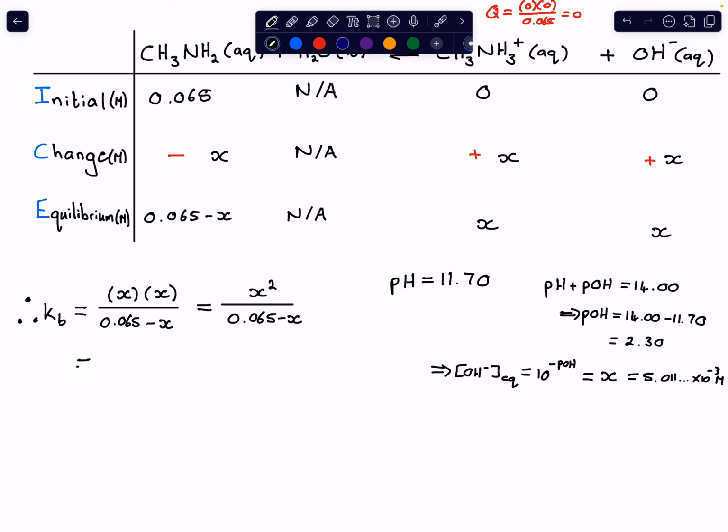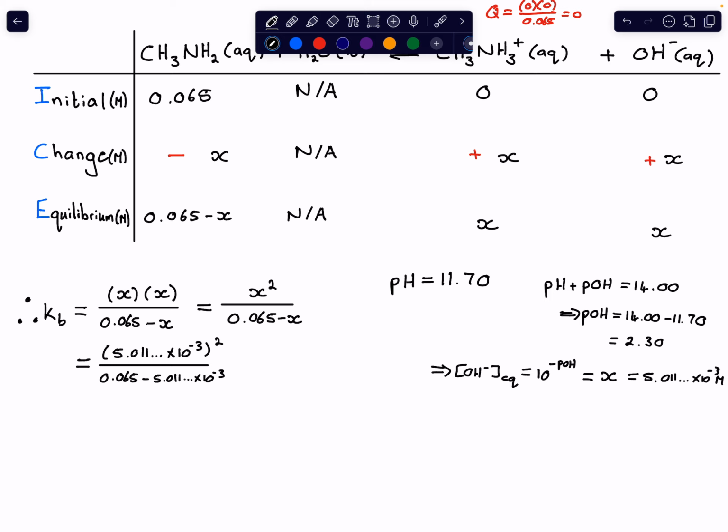So that means we can calculate Kb, because it's going to be equal to 5.011 times 10 to the negative 3 squared divided by 0.065 minus 5.011 times 10 to the negative 3.